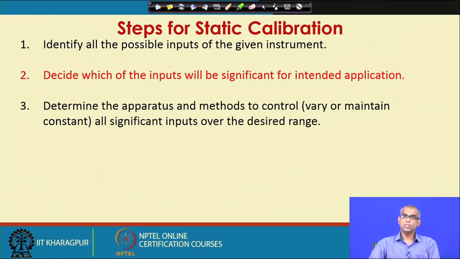Since the static calibration will require the variation of one input while all other inputs are being kept constant, we have to identify and adopt methods such that we can vary or keep constant these significant inputs over a desired range. So, we have to identify the range and adopt suitable methods so that we can vary or keep constant these significant inputs.